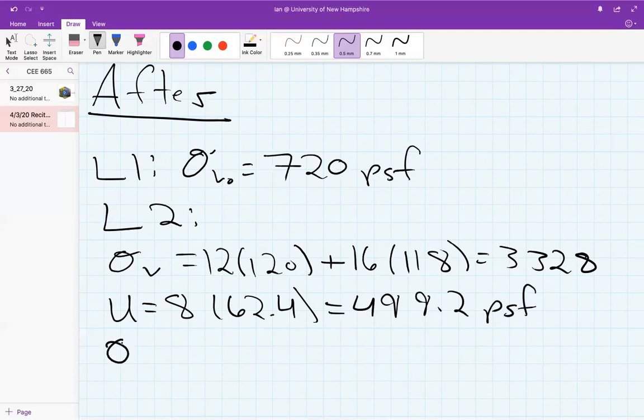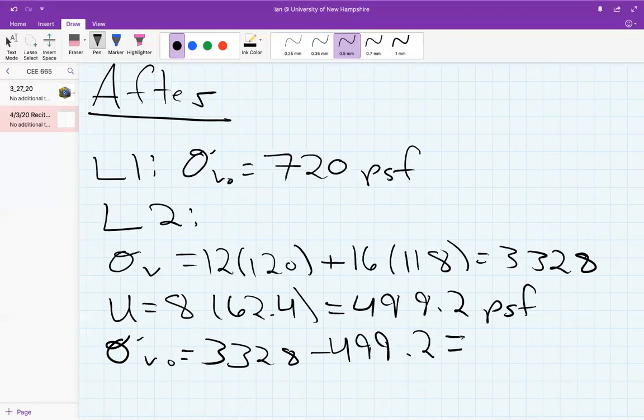So now let's calculate the effective stress, which is just going to be subtracting the total minus pore water. And when we do that, 3328 minus 499.2 equals 2828.8 PSF.